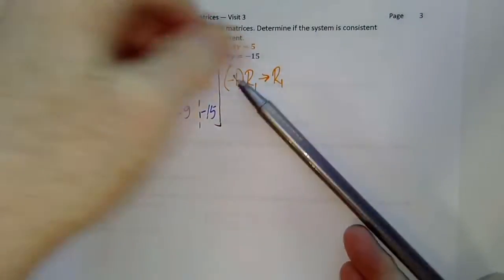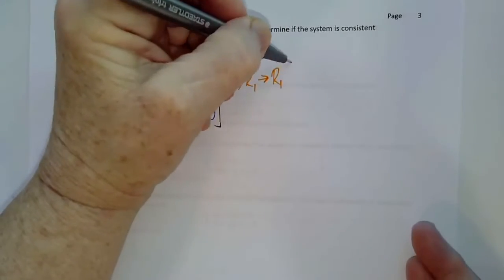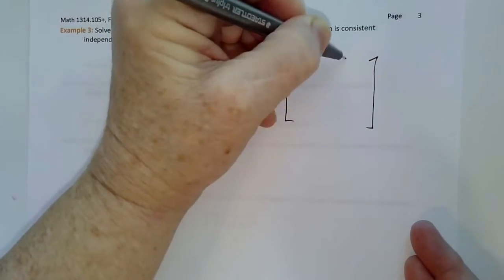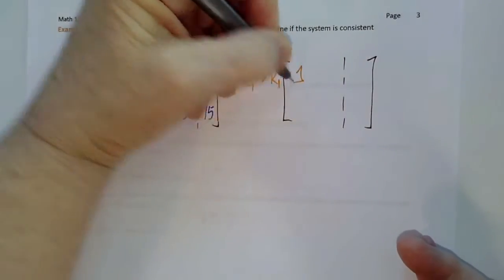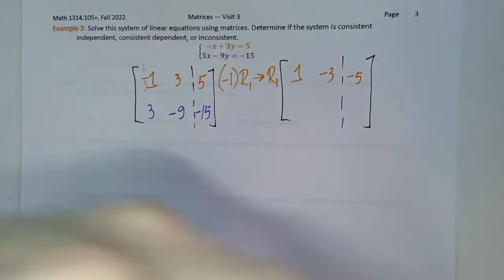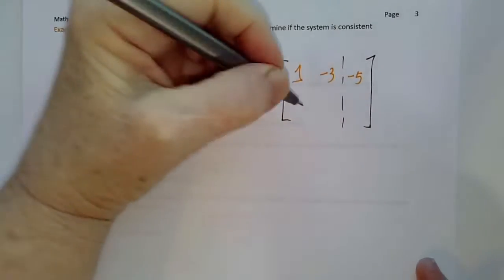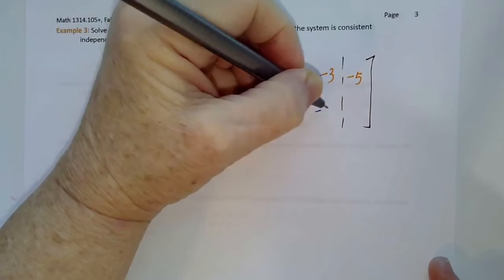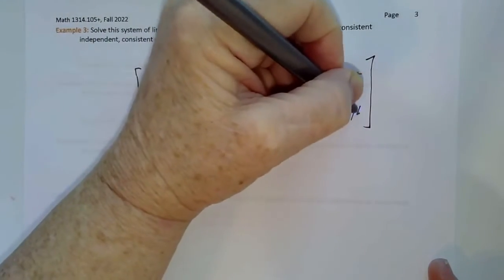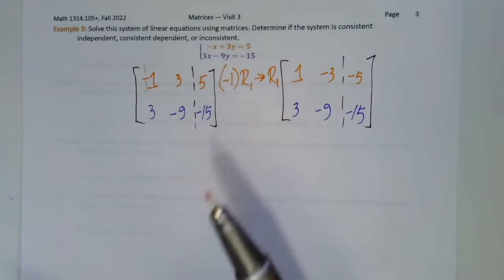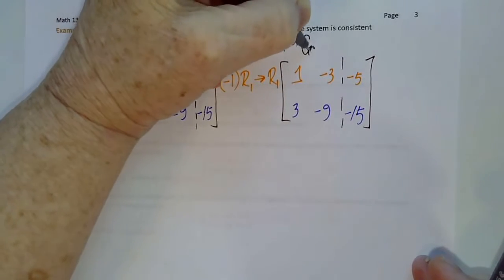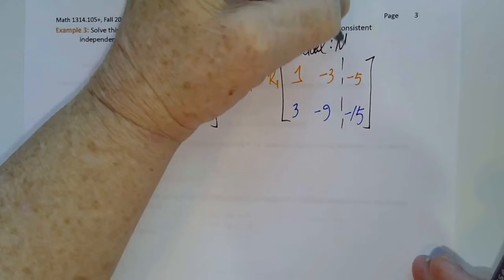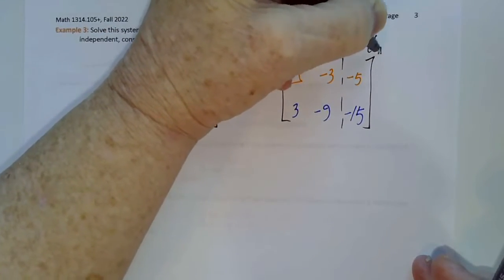Our new system will be, let's see, positive 1, negative 3, negative 5, and we didn't change row 2, it is still 3, negative 9, negative 15. So we achieved the first goal, which was to make d11 equal to 1.